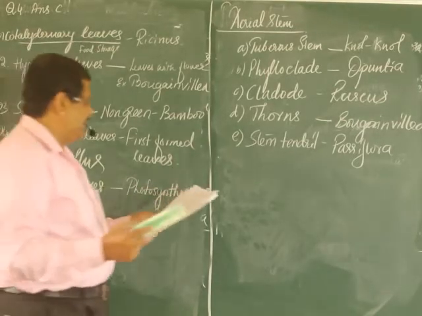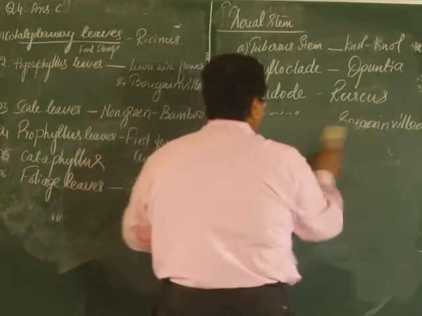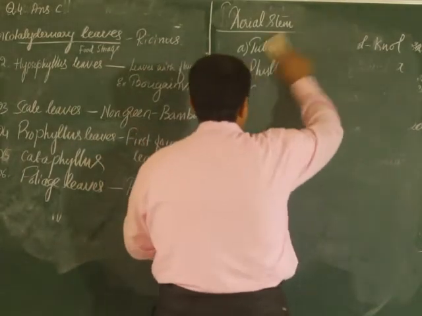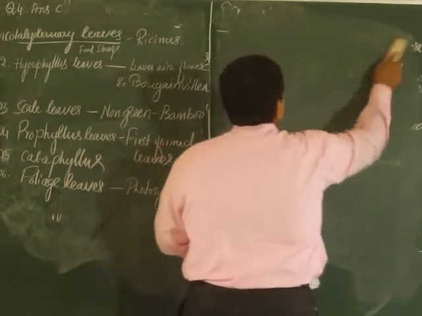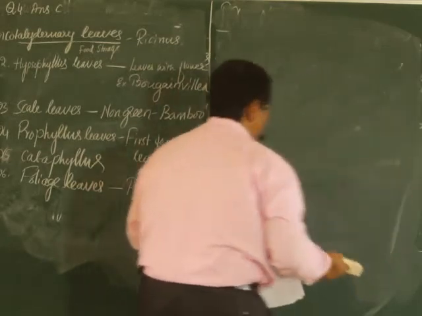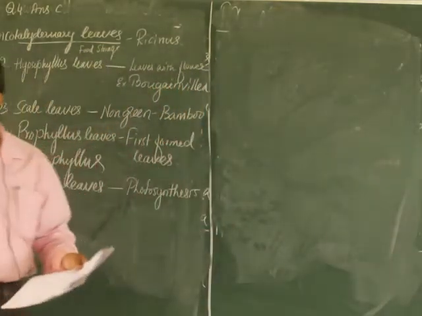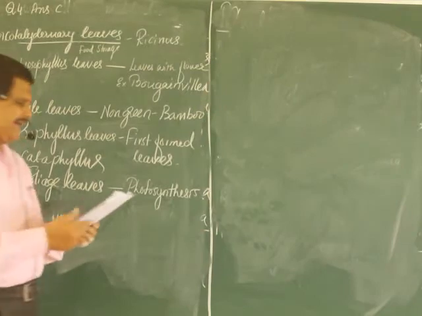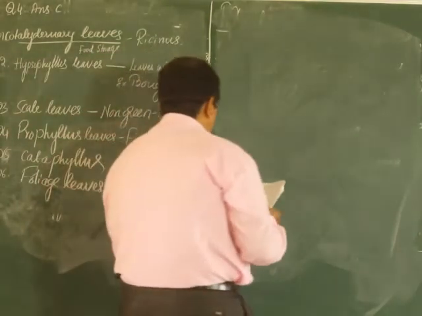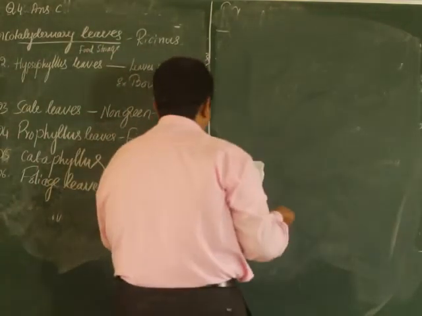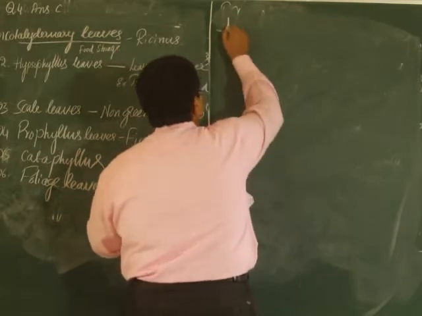Now let us concentrate on leaf bases. There are different types of leaf bases found in the leaves. Leaf base is also called hypopodium.